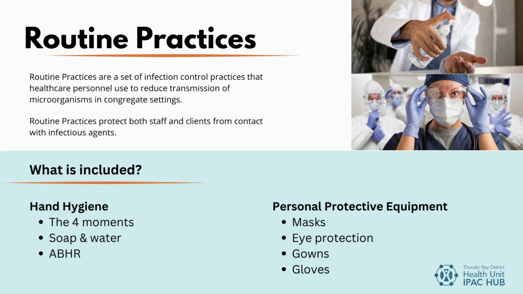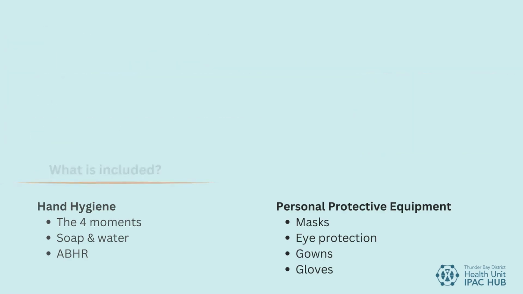Routine practices include hand hygiene and routine use of PPE, but can also extend to other elements such as a risk assessment that must be completed prior to any interaction with an individual, as well as environmental and administrative controls. The consistent and appropriate use of routine practices by all care providers with all client encounters will lessen microbial transmission in the congregate care setting and reduce the need for additional precautions.